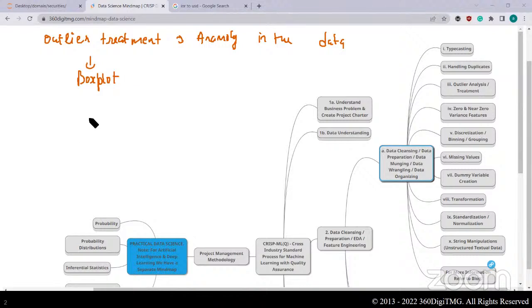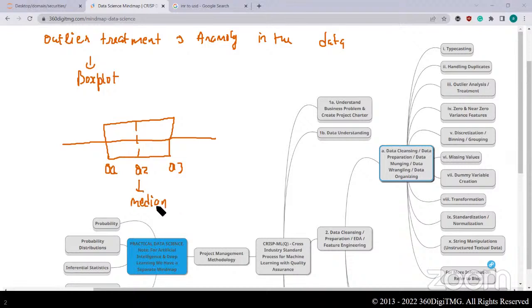So let's say, for example, we have this line that represents our data. Here we have Q1, Q3, and this Q2. This Q2 refers to the median value, the middlemost value of the data set. Q1 is the first quartile and Q3 is the third quartile.